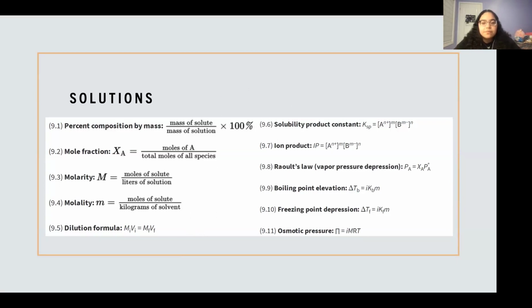And then your solubility product is like the equilibrium constant, but Ksp instead. You have your concentrations to the exponent of their coefficients, but instead of having reactants and products, you're thinking of it as if something were to dissolve.